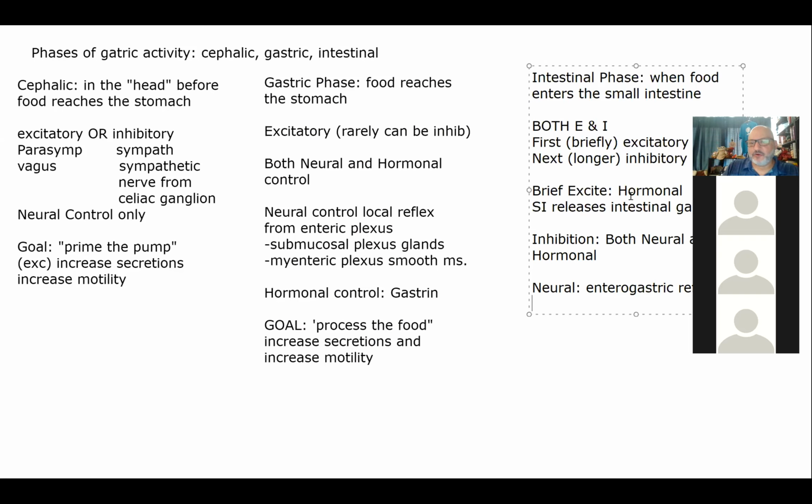That enterogastric reflex inhibits the intrinsic reflex. So it inhibits the enteric plexus. May I ask, when you're talking about enteric plexus, you mean short reflex? Yes. Remember that enteric plexus is that gut brain where it can make some basic decisions on what the stomach does.